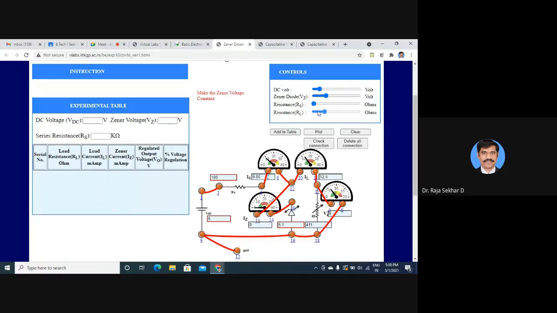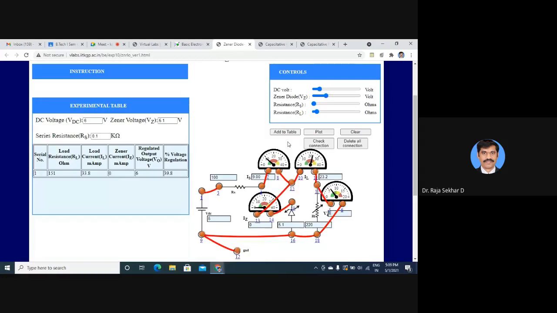So this one, load resistance. Now add to table. Now change the load resistance. If you change the load resistance, IZ will vary, IL will vary.